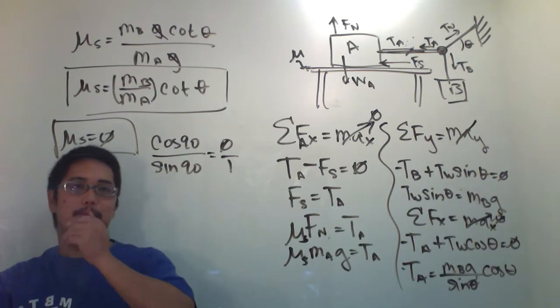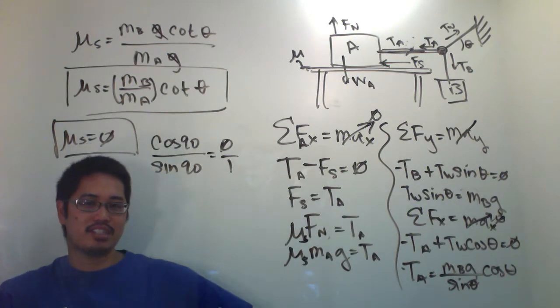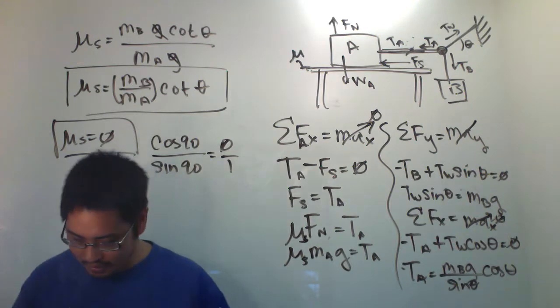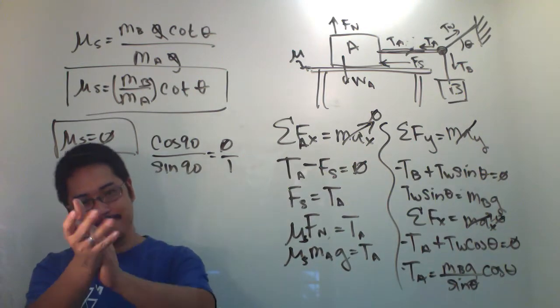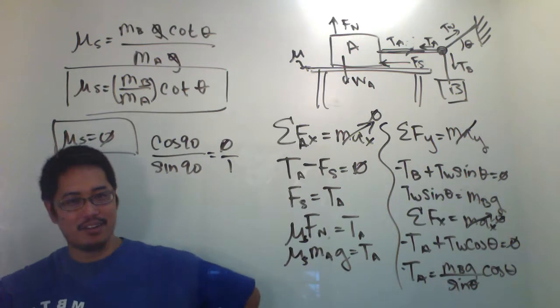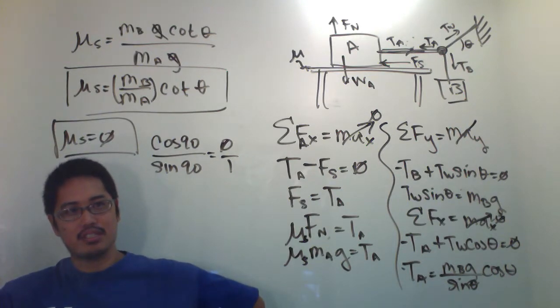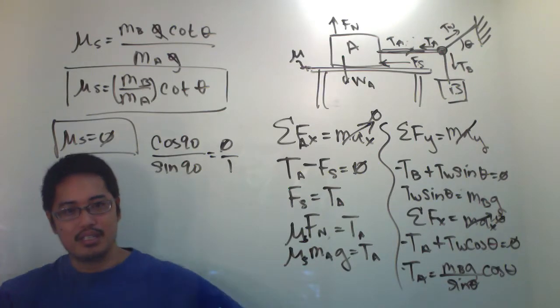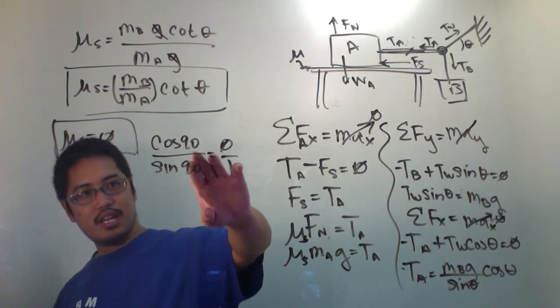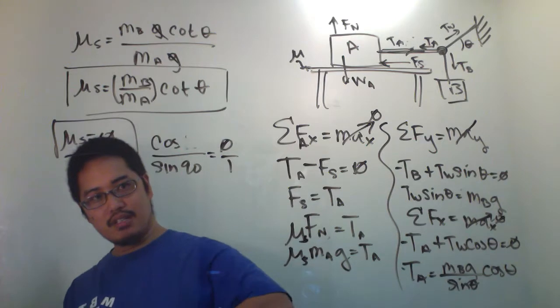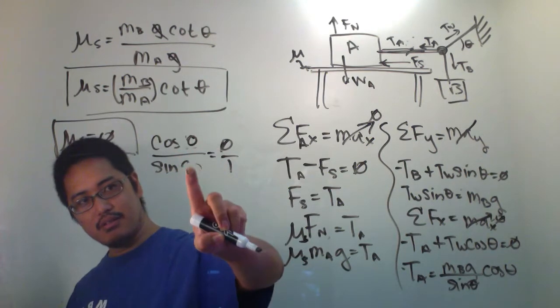All right, one more. First of all, that's an awesome analysis, I love that. Second of all, what if theta were 0 degrees? Then essentially you would have cosine of 0 divided by sine of 0.